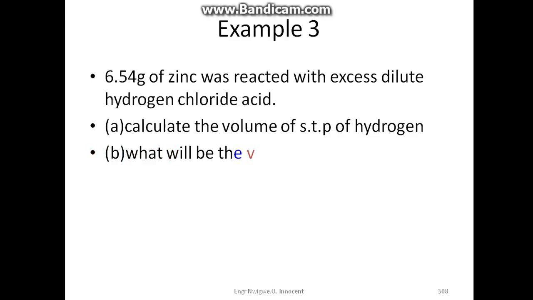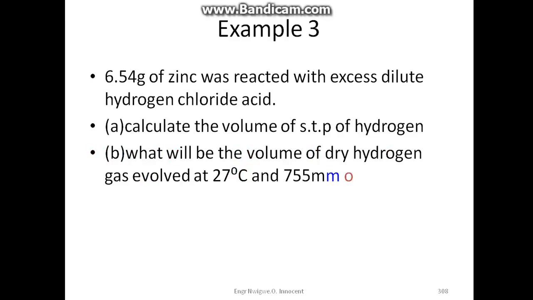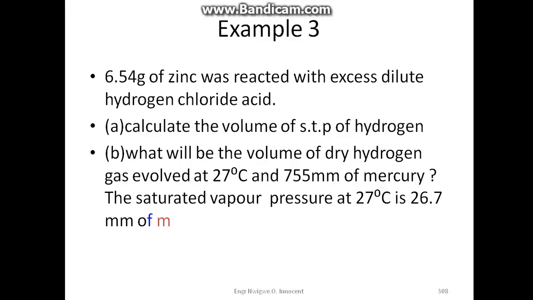B. What will be the volume of dry hydrogen gas evolved at 27 degrees centigrade and 755 mm of mercury? The saturated vapor pressure at 27 degrees centigrade is 26.7 mm of mercury, taking molar mass of zinc to be 65.4.